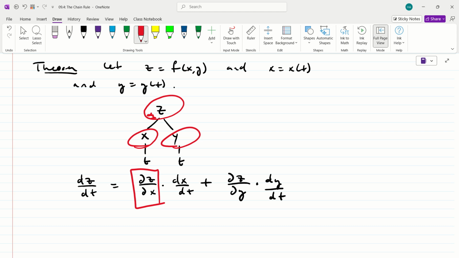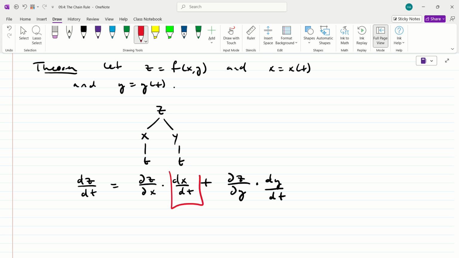That's why we need the partial derivatives, because you could go either way. But if you're going to take the derivative of x, x is only a function of t, so there's no ambiguity. The derivative is just with respect to one variable. So that's why these guys have the curly derivative while the other guys don't.